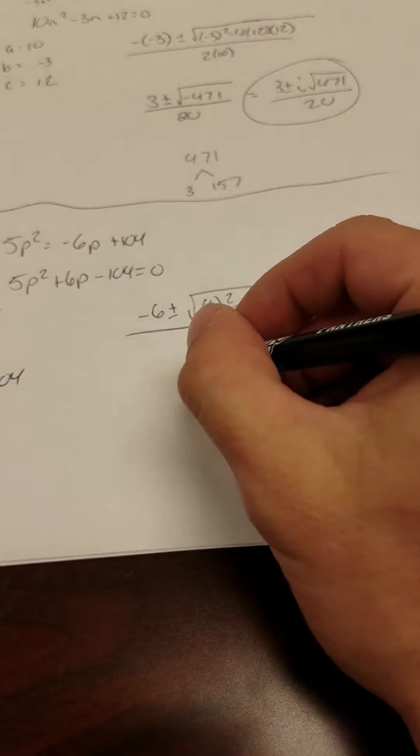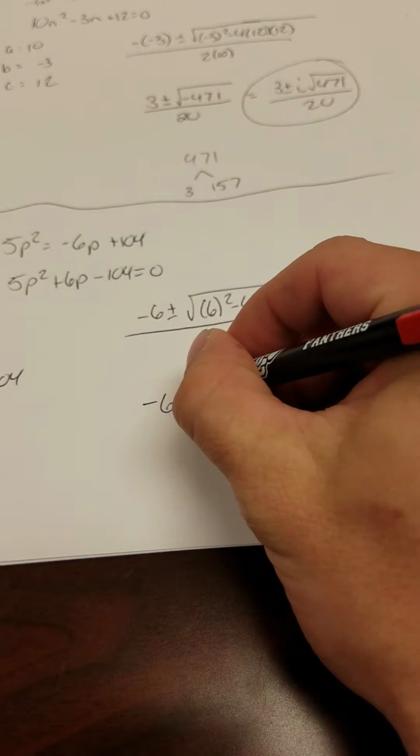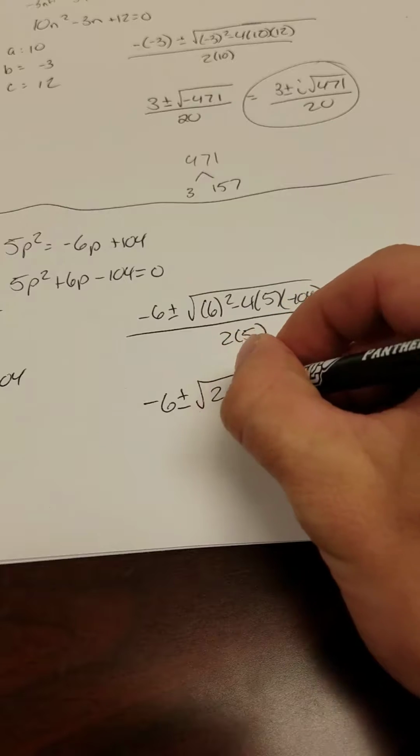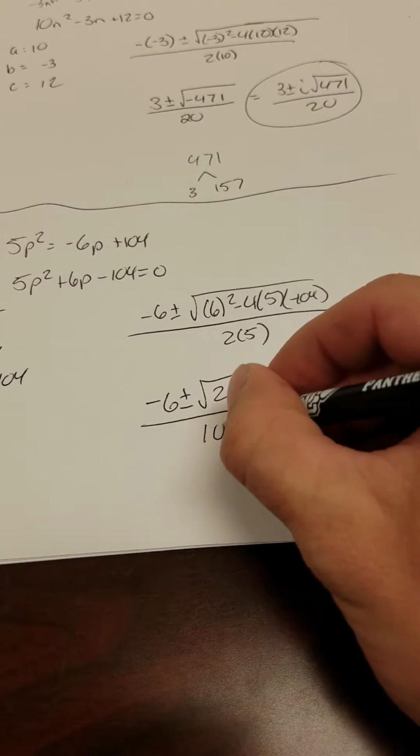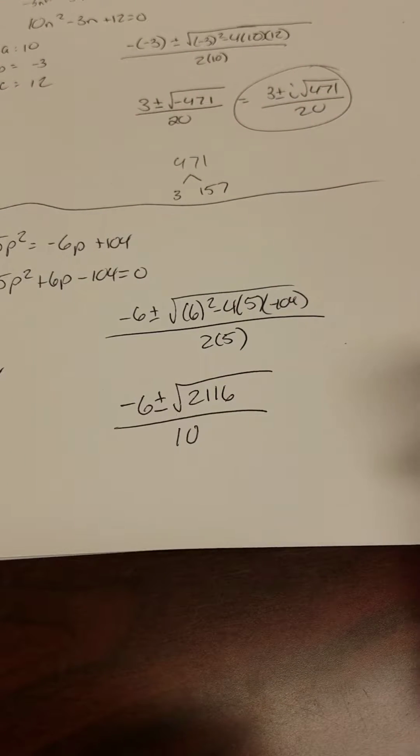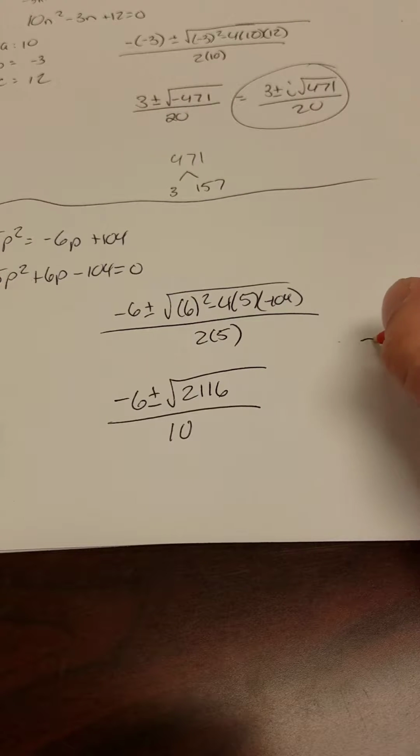Okay, so on the inside we have 2,116 over 10. We need to see if we can break down 2,116. Let's see. So 2,116, 2 and 1058.